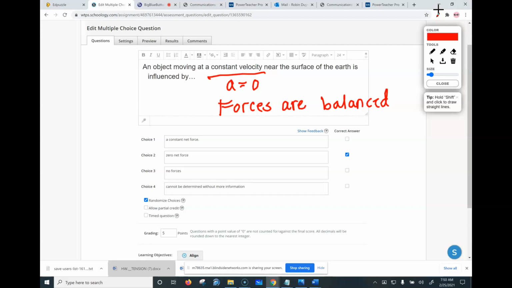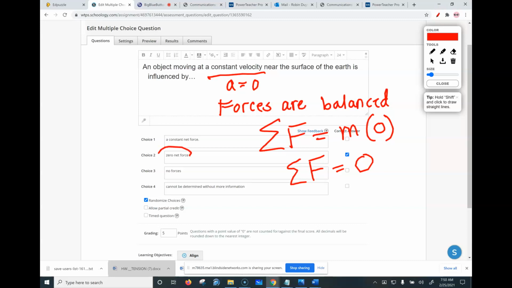So when you add up all your forces, that's your net force. We know that it's going to be mass times 0, which means the sum of all the forces, or your net force, is going to be equal to 0. So it would have been this guy.